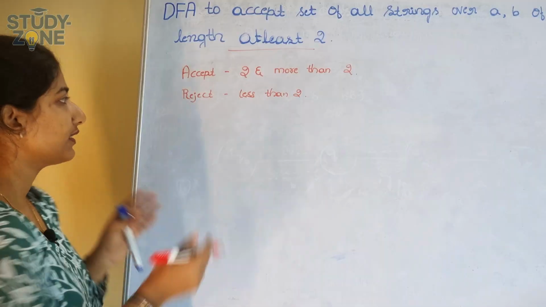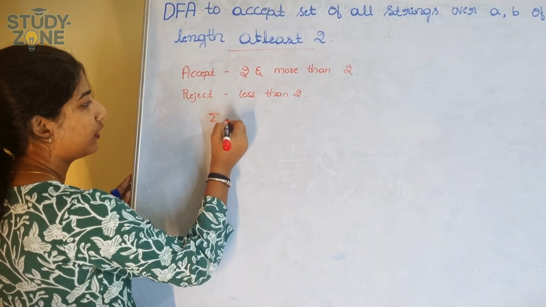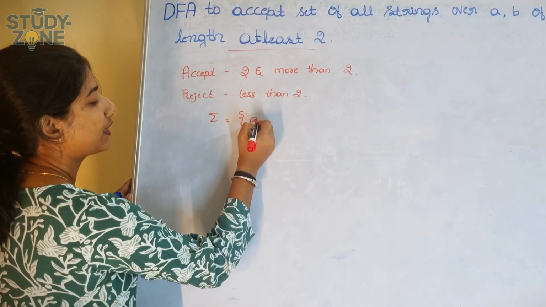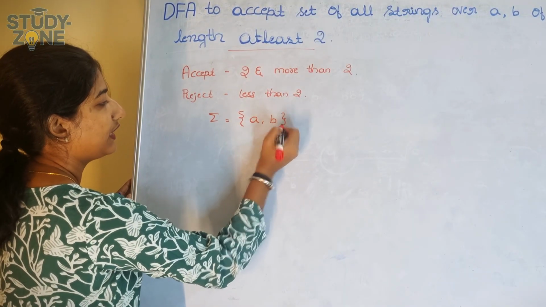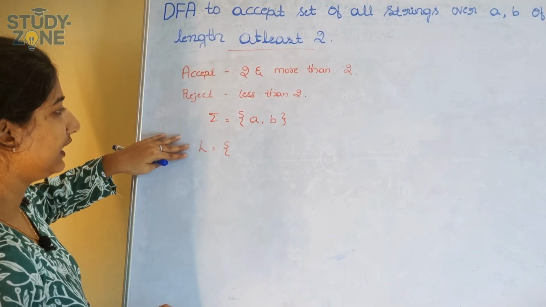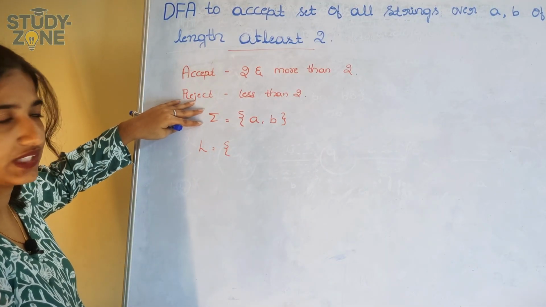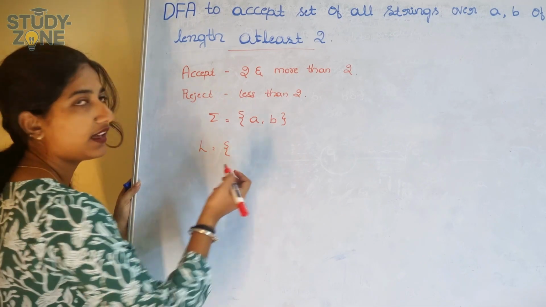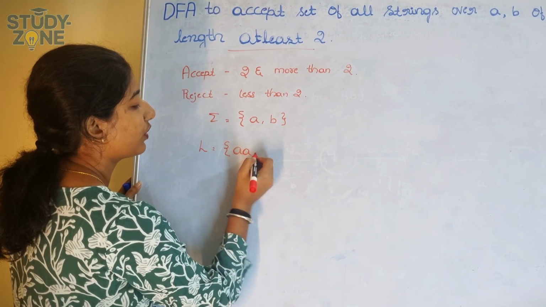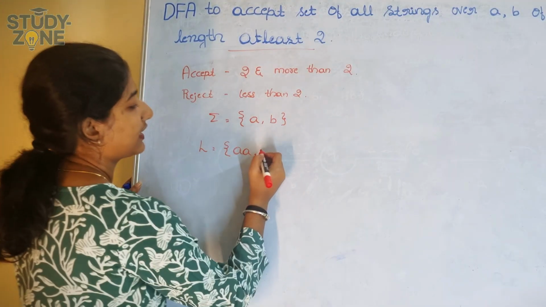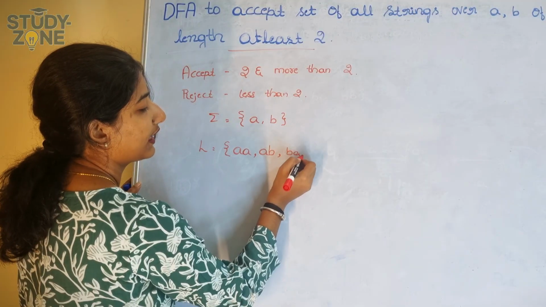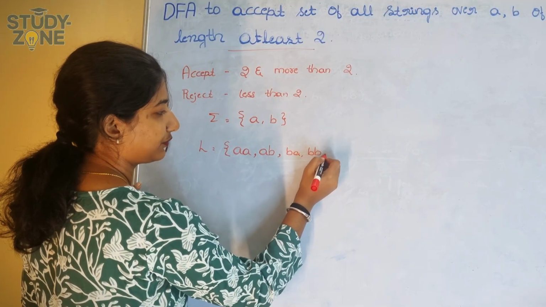Okay, so let's write the alphabets. What are all the alphabets we have over {a, b}? So the alphabets are a and b. Now what is the language? Languages are represented with L, alphabets are represented with the help of sigma. So the language is at least 2, which means first write the combinations of 2 characters: AA, AB, BA, BB.